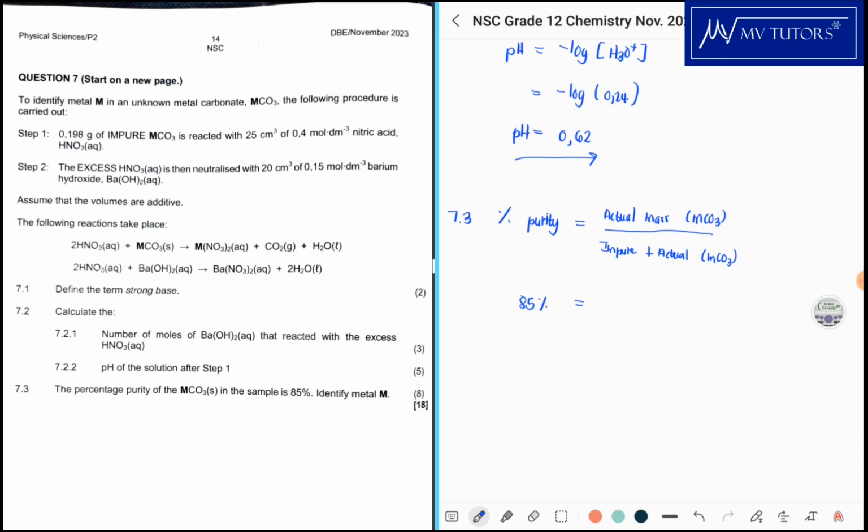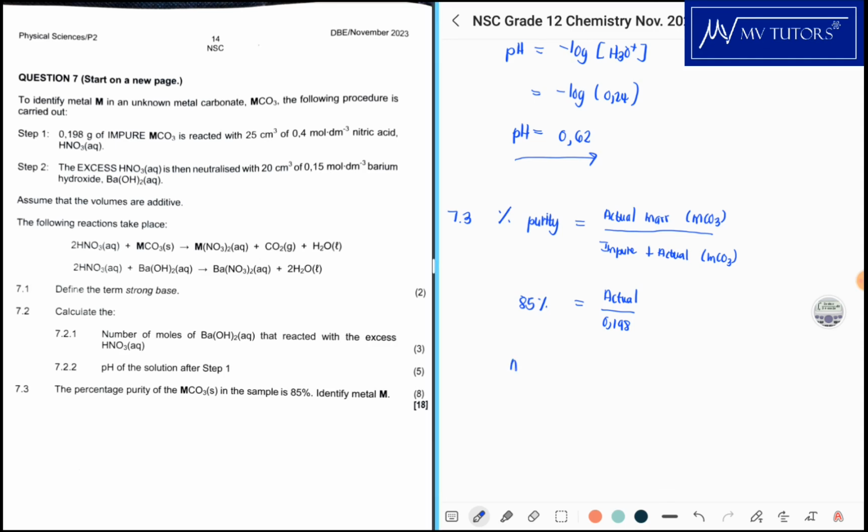We don't know what the actual mass is, but we do know the impure mass, which contains the actual. So it's 0.198. My terminology here is a bit off.